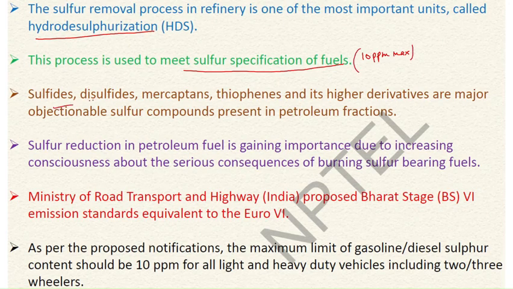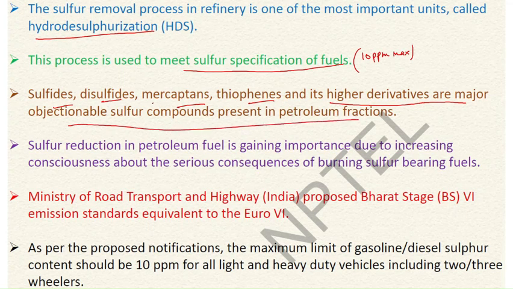Now the sulfides, disulfides, mercaptans, thiophenes and its higher derivatives are all objectionable sulfur compounds which are present in petroleum fractions.